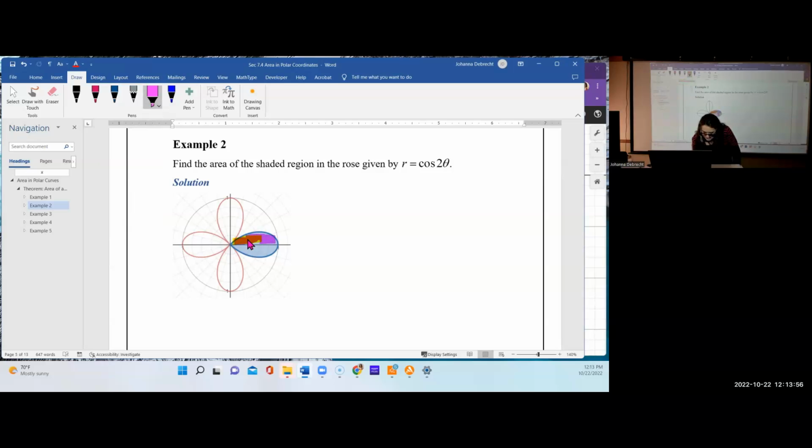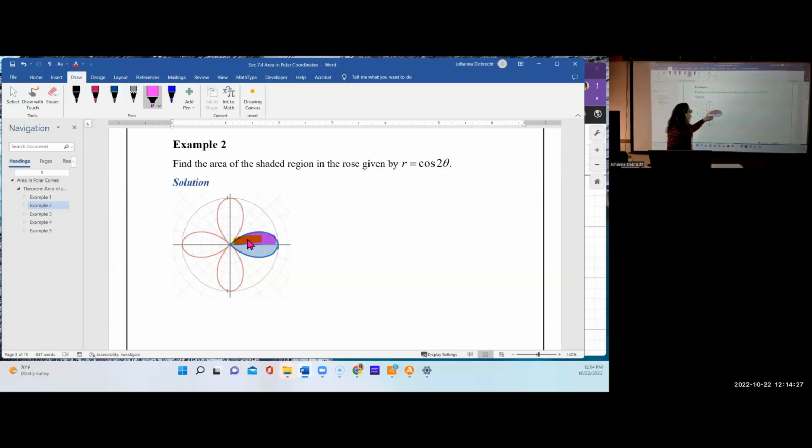I could talk about finding this area right here. And then once I have that area, I could double it. Now, why would this be easier? This might be a little bit easier because this one starts with the radial edge of the fan. Remember, you're opening up a hand fan, and these 2 arms form the angles alpha and beta. And this one is sitting on the polar axis, which tells me that the angle is probably 0.